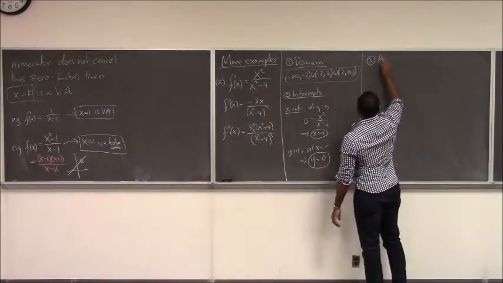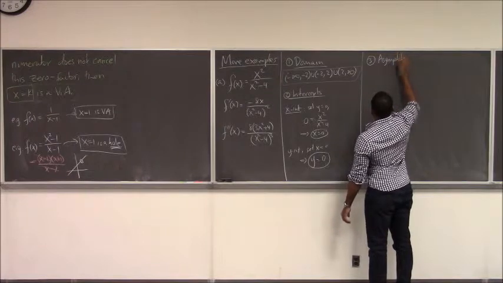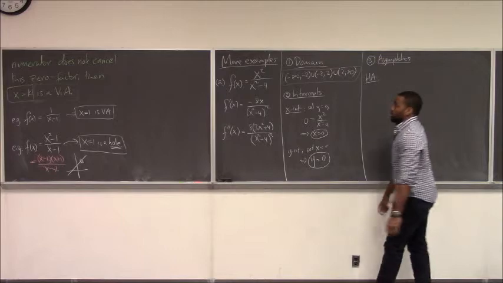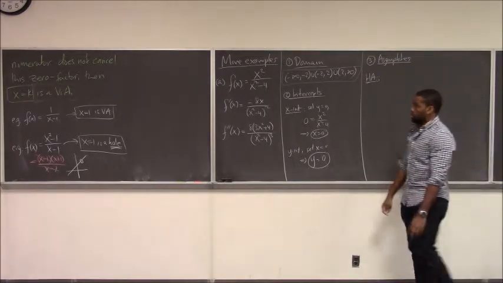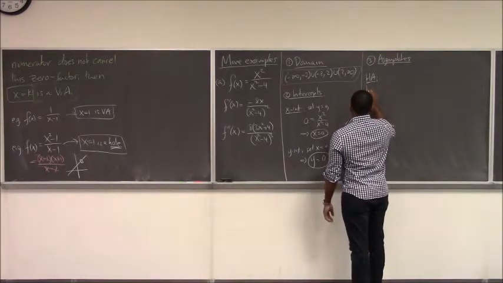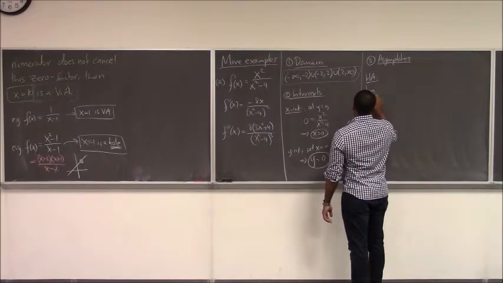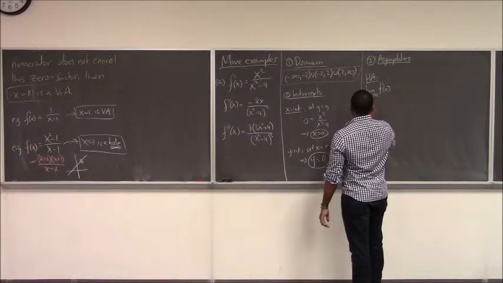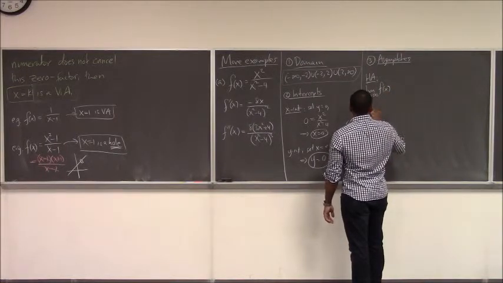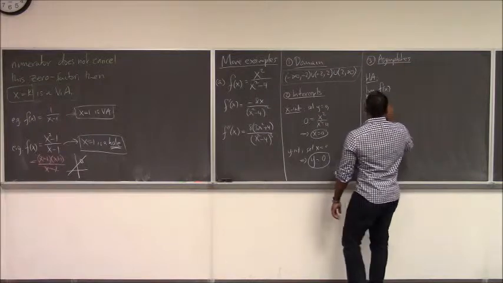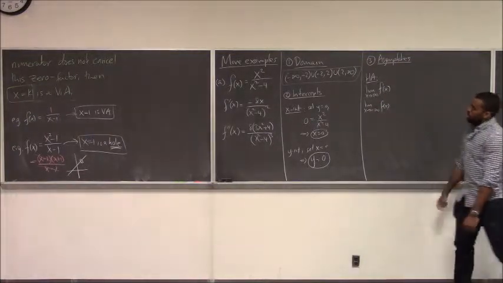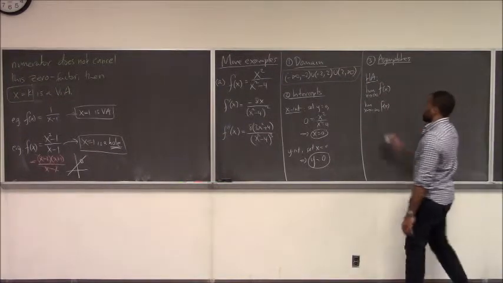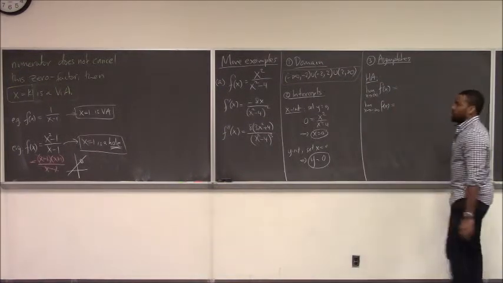3. Next, we're going to talk about the asymptotes. Let's look at the horizontal. How do you find the horizontal? You find the infinite limits of the function. Rational functions are nice because whether you go to the positive or negative, the limits are going to be the same answer. So once you find one, you automatically find the other.